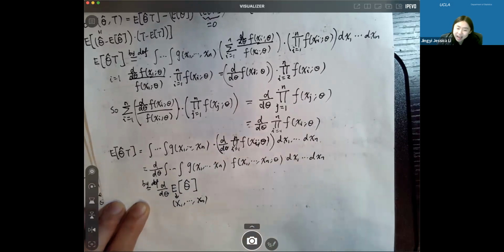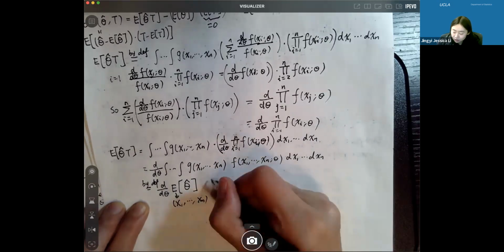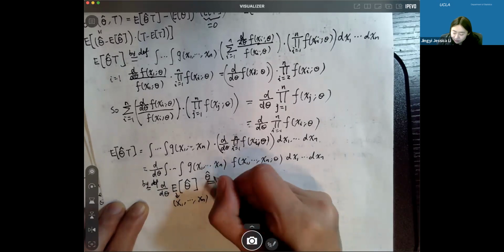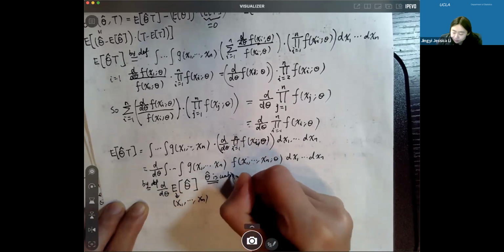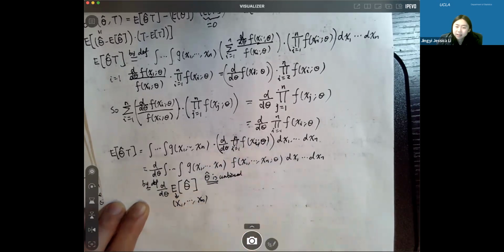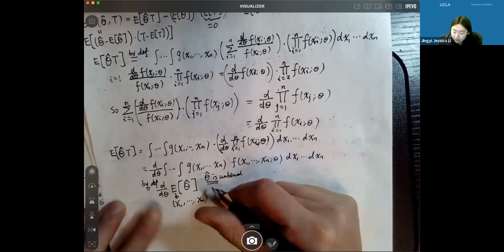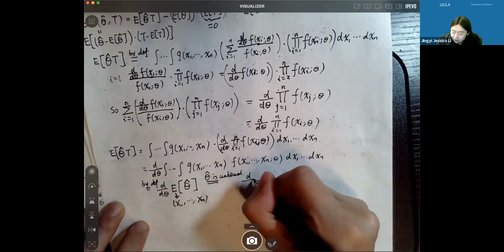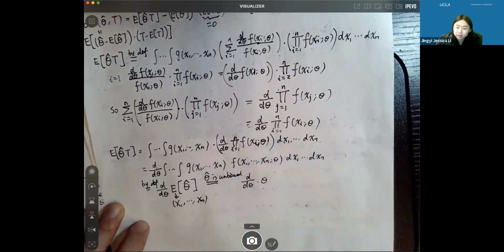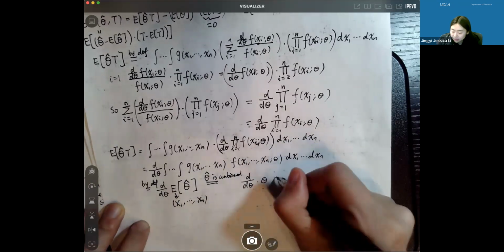Finally, unbiased: because we know theta hat is unbiased, this is the condition of my Cramér-Rao inequality. So therefore, it's equal to theta. So it's basically d theta of theta. That's the expectation, and that gives me 1.